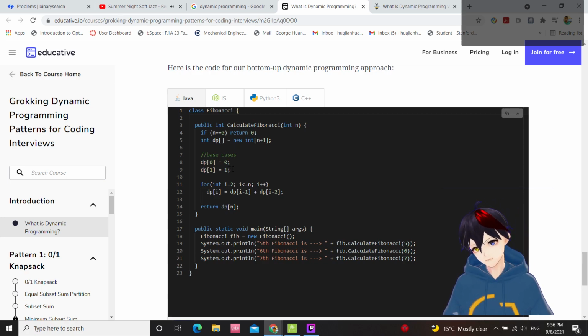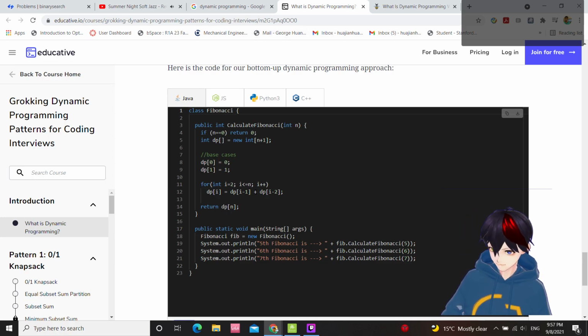This is different in the way that it builds up the solution eventually.